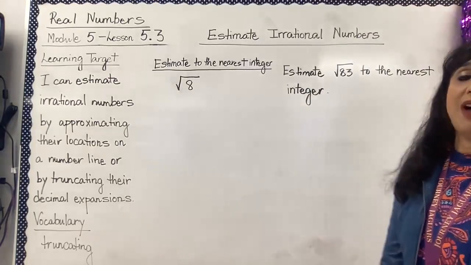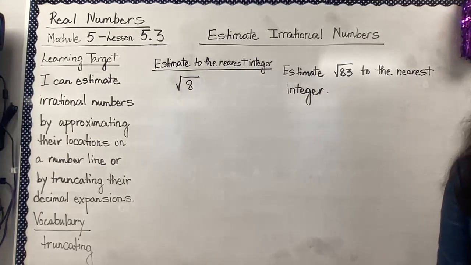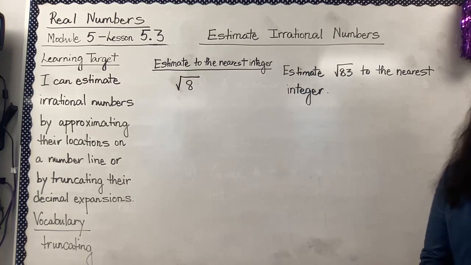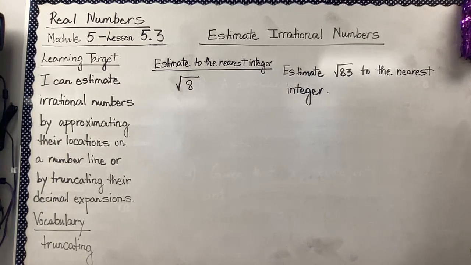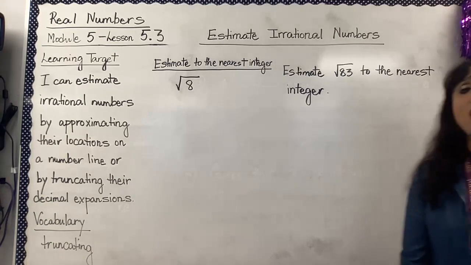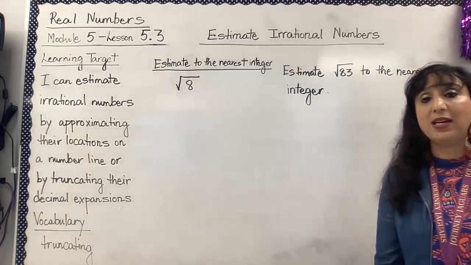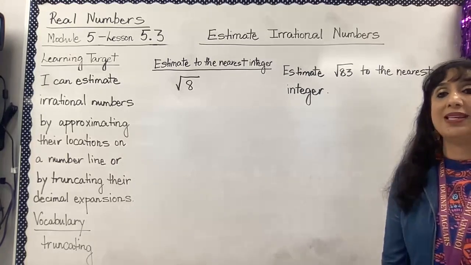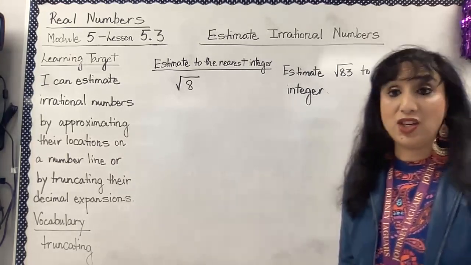And so if I look at square root of 8, first and foremost, you know that the decimal expansion of an irrational number never repeats nor terminates. All right, it's not repeating, it's not terminating, and that's what makes it an irrational number.